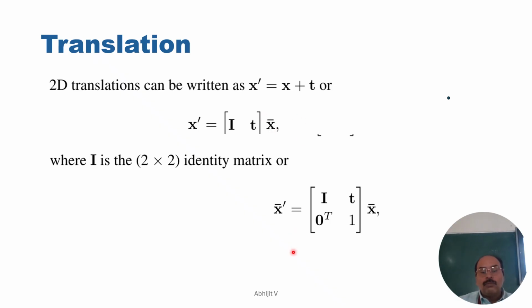We are translating an image from one form to another. The output image is x dash, the input is x, and I stands for a 2 cross 2 identity matrix.